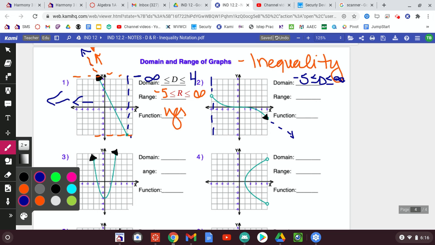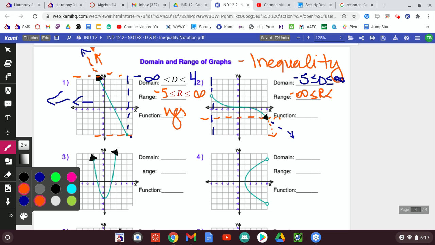There we go. Positive infinity forever, because it's going to keep going to the right forever and ever. Now let's look at our range. First we need to look at a floor. Do we have a floor? No, because we keep going negative infinity, or down, forever and ever.